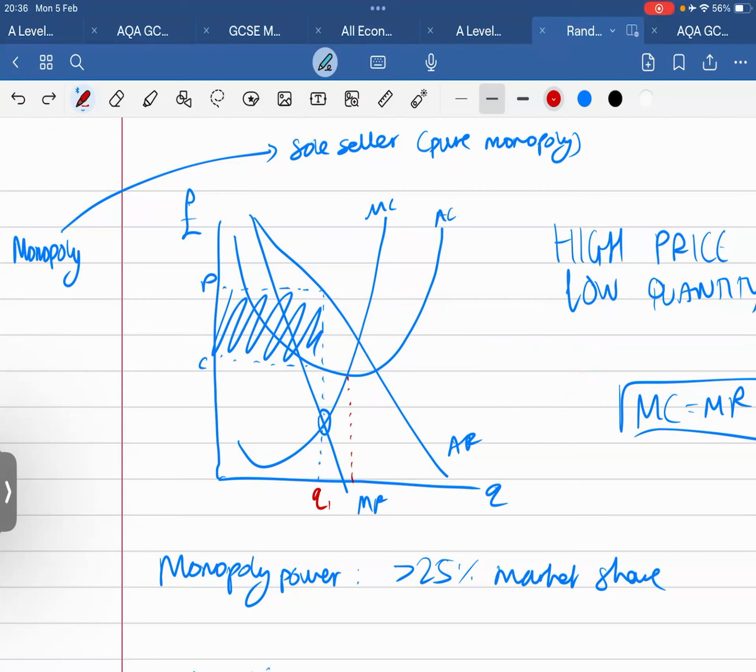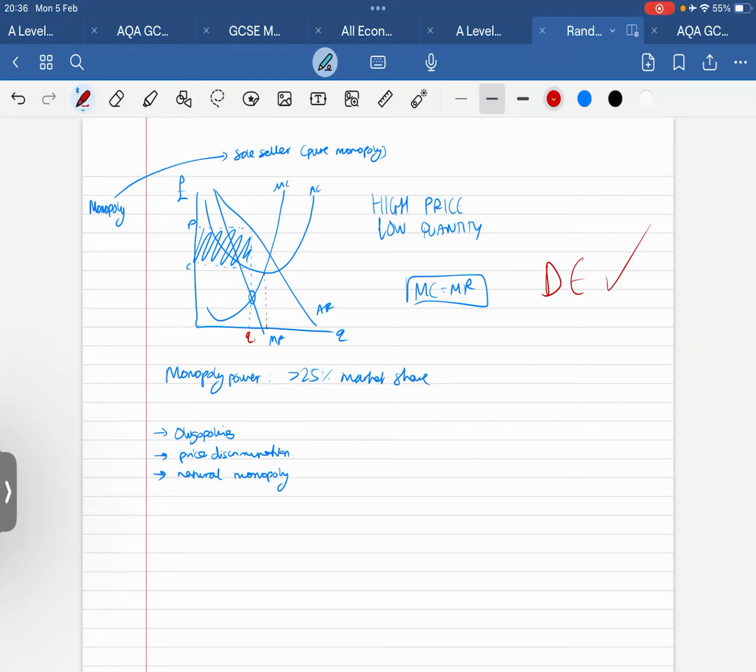Okay, good. But we are dynamically efficient. So monopolies are dynamically efficient because they're the only market structure, one of maybe oligopolies, but they're the main market structure which makes supernormal profit in the long run. That means there's enough profit to sustain and keep making improvements and reinvest.